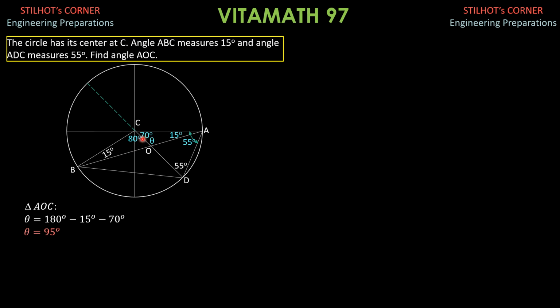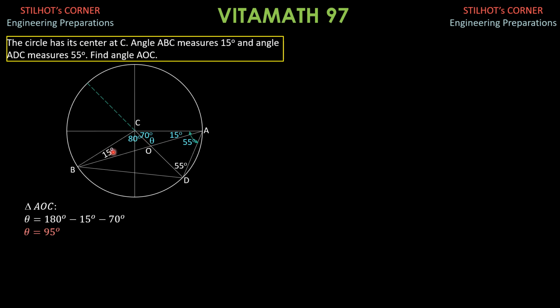But since we already found 70 degrees here, therefore this angle BCD is 150 degrees minus 70 degrees. That's why it is 80 degrees.